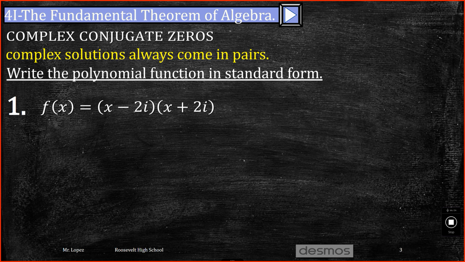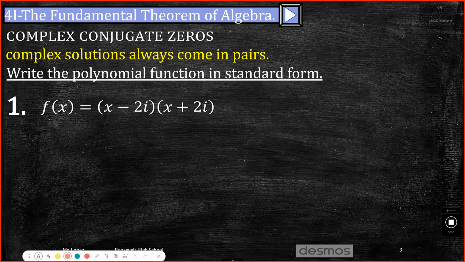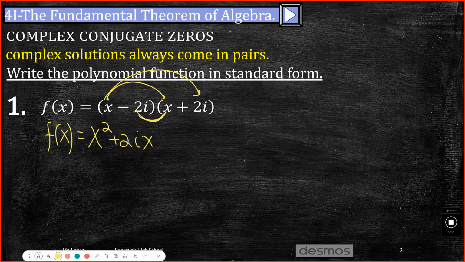All right, let's do it. f of x is going to equal 2. x times x plus 2ix minus 2ix plus 4i is minus negative 2 times positive 2 is minus 4i squared.